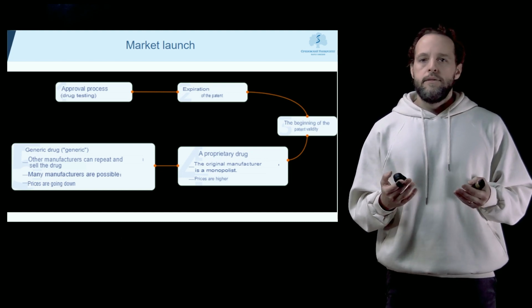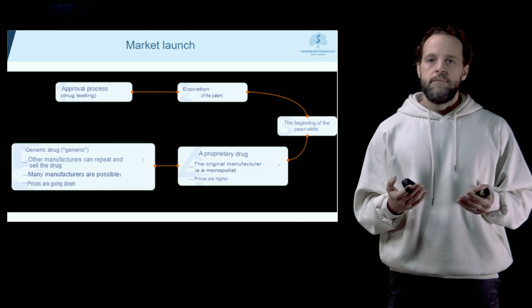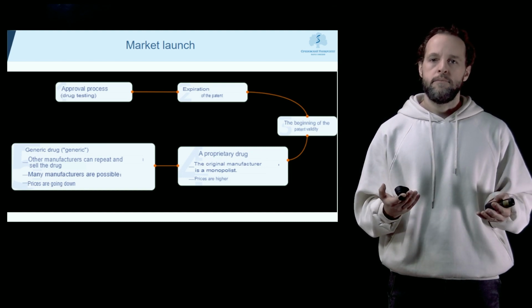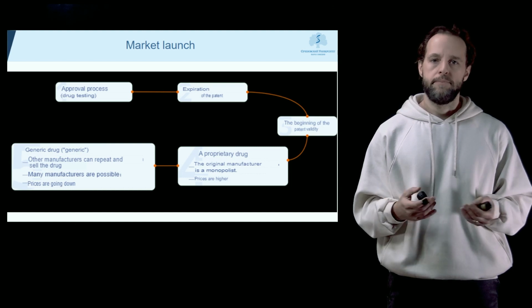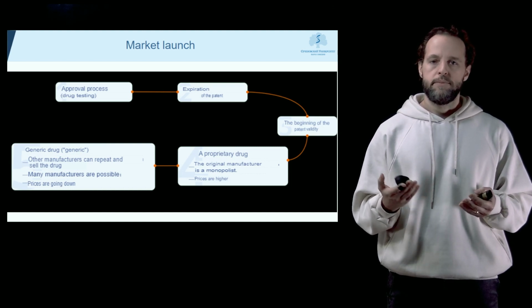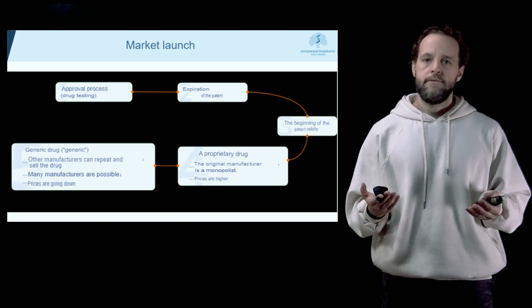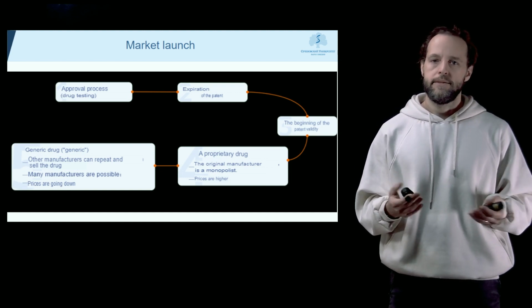So this new drug will be placed on the market under a certain name. That's why it's being called a branded drug. They are sold as a specific product, which tend to be more expensive than generic medicines.